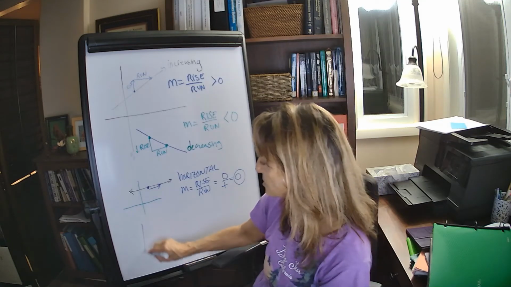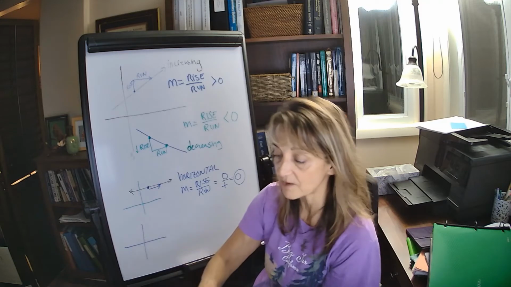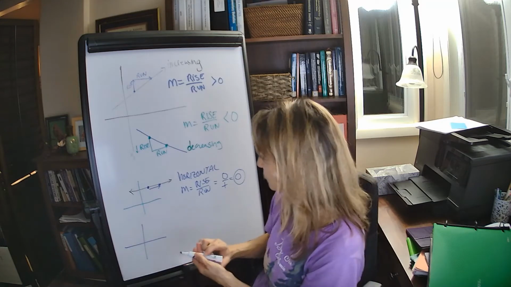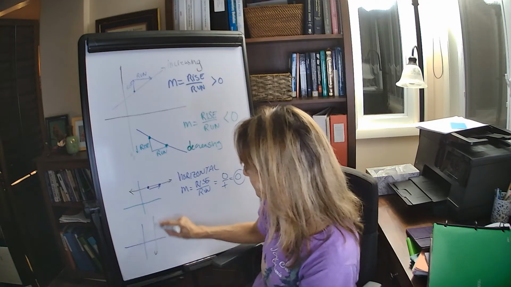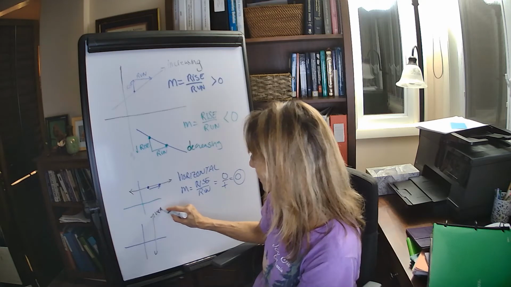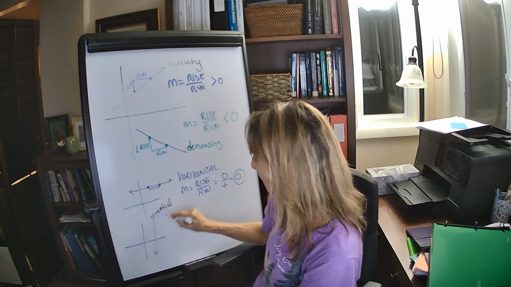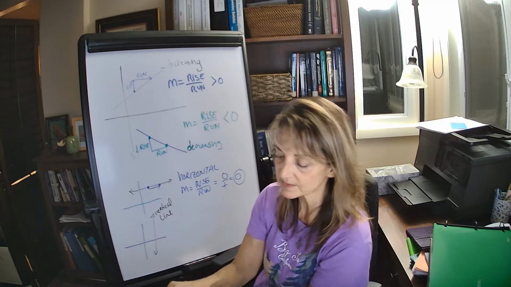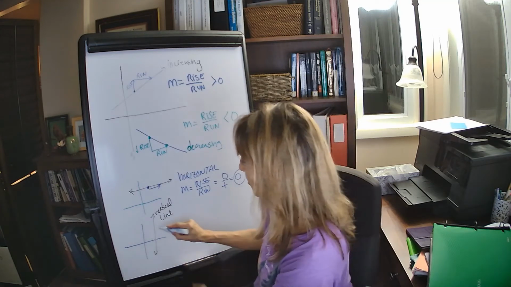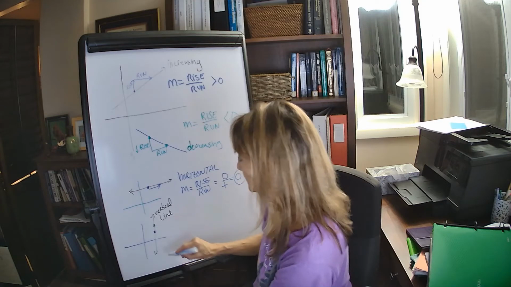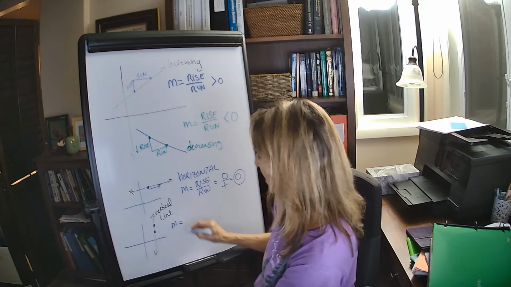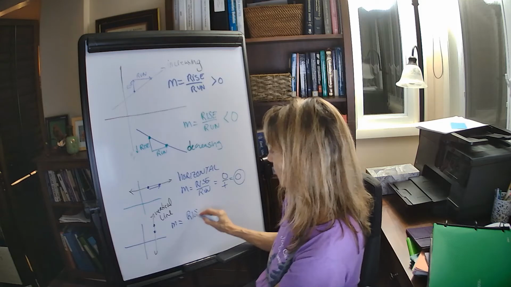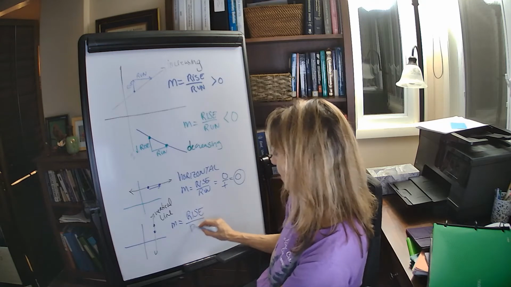And then the last one that we talked about was a vertical line. So let me draw a vertical line. Now if I put 2 points on this line and think about going from one point to the next, the slope is again the ratio of rise over run.